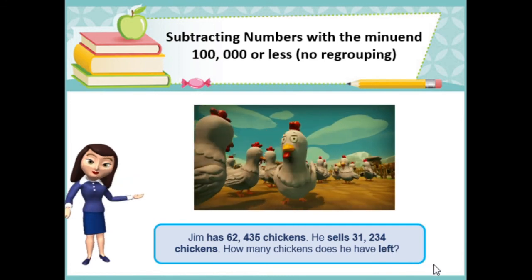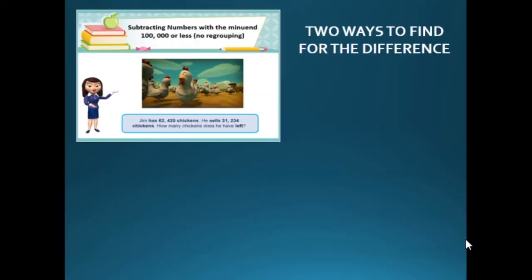Now let's try to see. There are two ways also to find the difference of minuend of 100,000 or less. First, you can use the expanded form. And second, you can also use the column subtraction.